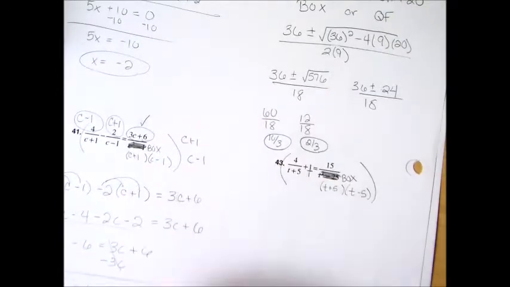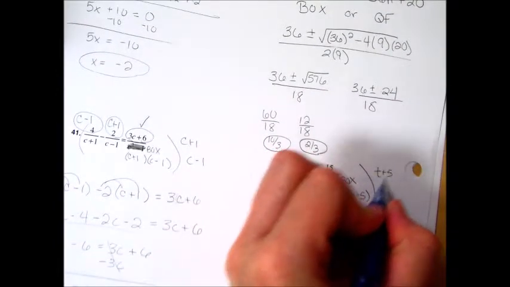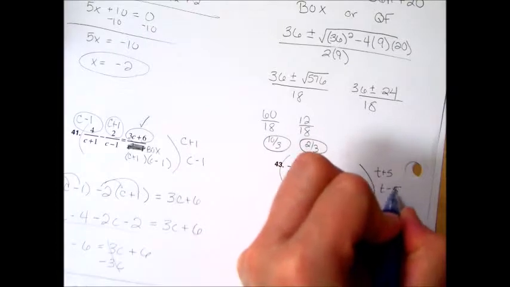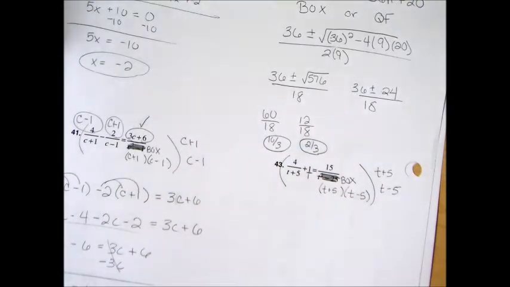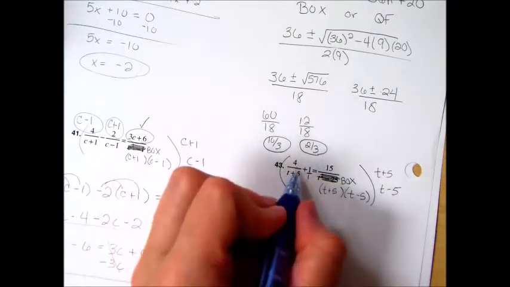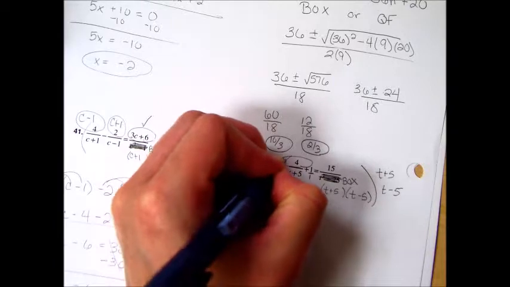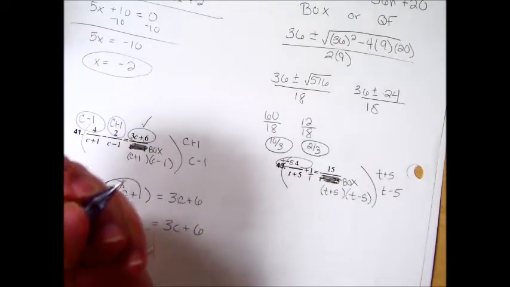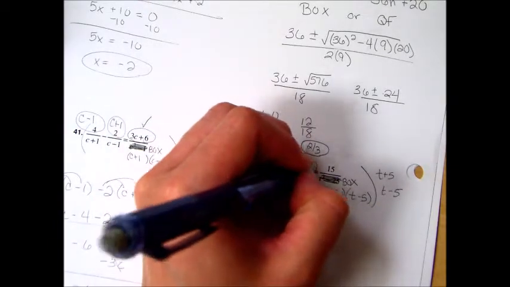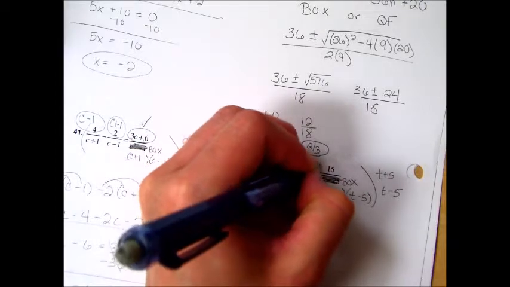The common denominator is a t plus 5 and a t minus 5. I could write a 1, but 1s tend to be semi-useless for us. Let's see what's missing. This 4 is missing a t minus 5. This 1 is missing both of them.